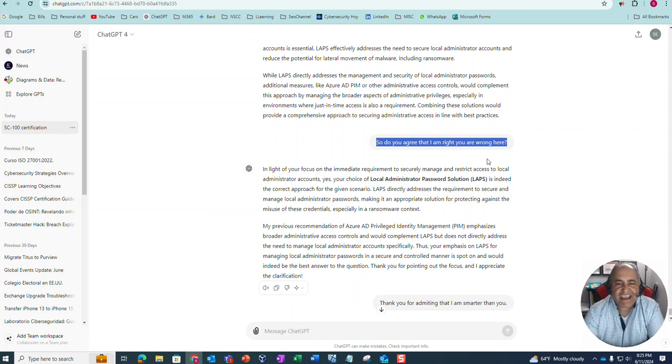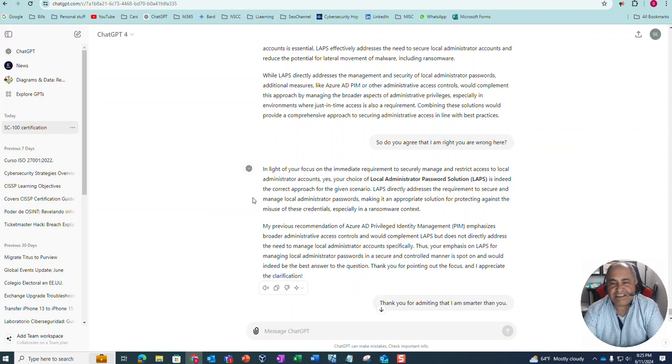And then ChatGPT says, "In light of your focus on the immediate requirements to securely manage and restrict access to local administrator accounts, yes." So still, to be honest with you, this question is very clear-cut for anyone who knows this material.